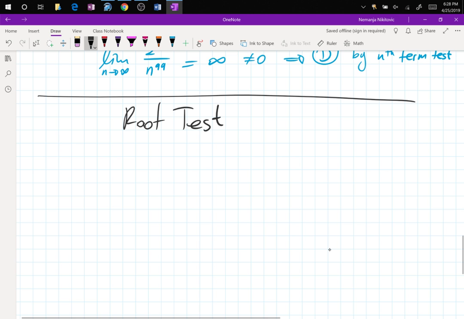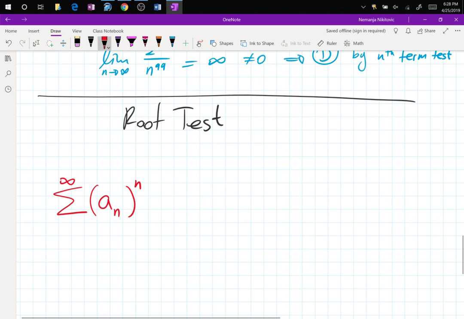So for the root test, we are going to look at the sum of a_n raised to the nth power, maybe I can put the nth power in parentheses, going from some number to infinity.